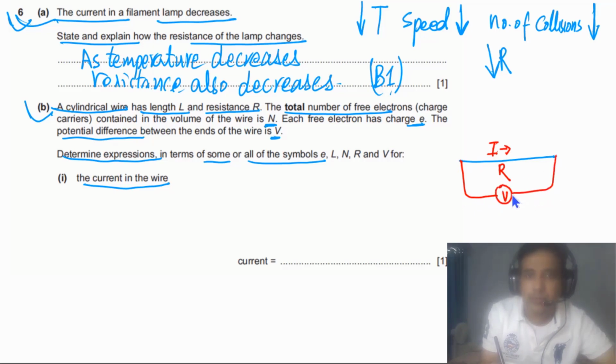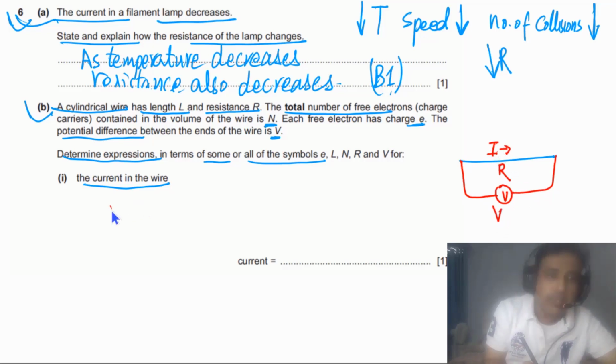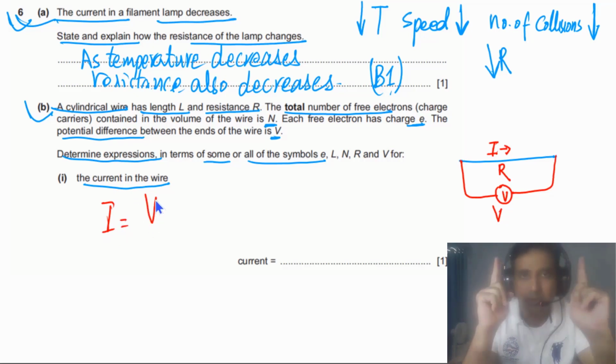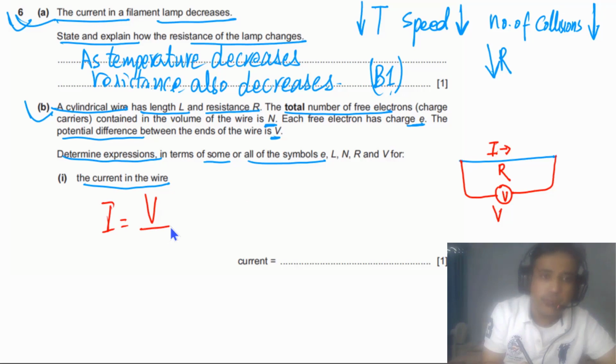So the value of PD we have, that is equal to V. So we need to determine the value of I. So I simply is equal to the potential difference across the ends of the wire divided by the resistance of the wire. So that's all what you need to write down. And this question has only 1 mark. If you got the right answer, you will get 1 mark.